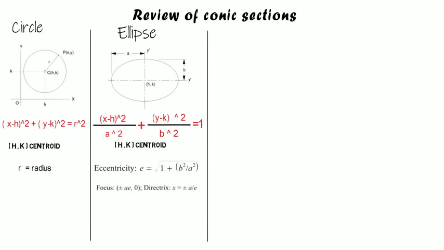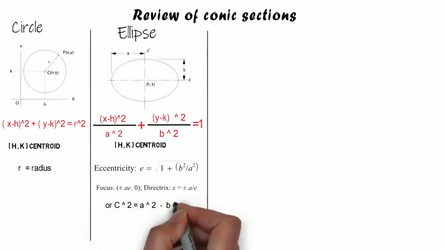There is another method that can save your time. Instead of finding the eccentricity and multiplying it by a, you find c squared equals a squared minus b squared. It's minus because the distance from the centroid to the focus is less than the distance from the centroid to the vertices.